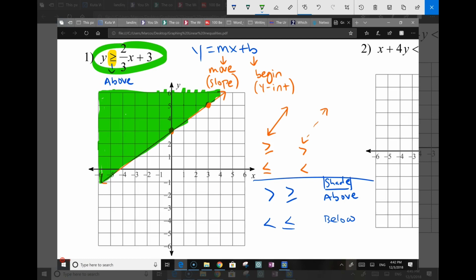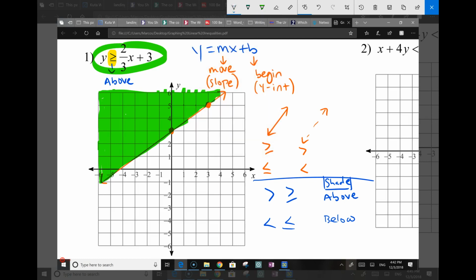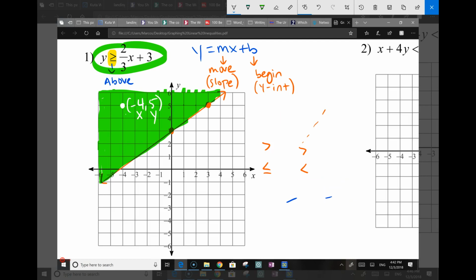Okay, so if I were to pick any value from within this green shaded area, such as this one here, and this would be -4, 5. If I were to take these values, this x and this y, and I were to substitute it into that inequality, what I would get, or what I should get, is something that is a true statement.